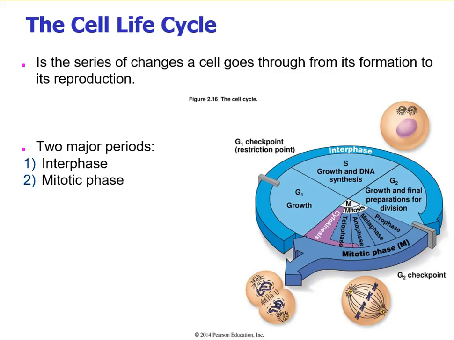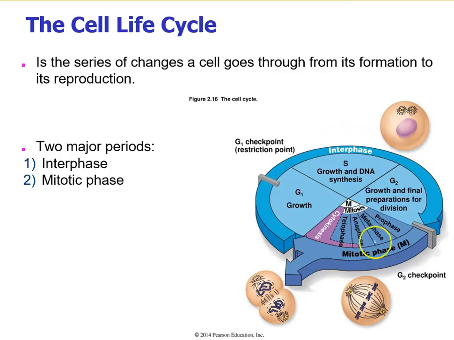The cell cycle is the series of changes a cell goes through from its formation to its reproduction. It's like the life journey of a cell from its creation to the point where it splits into two new cells.